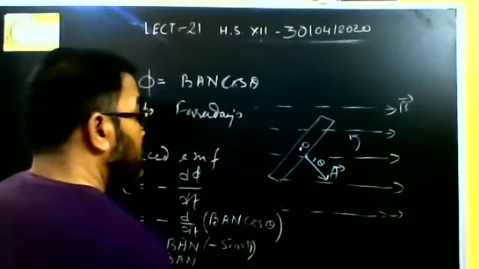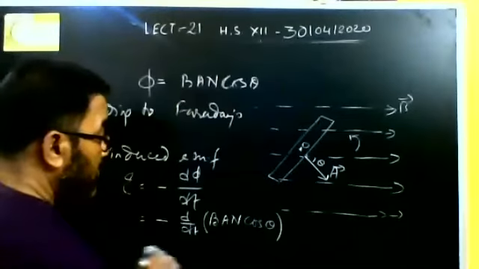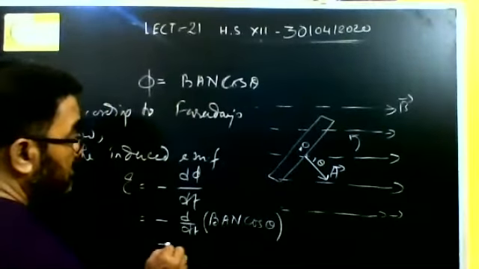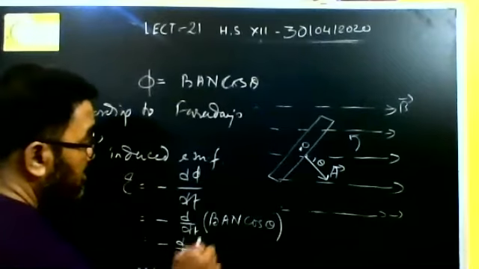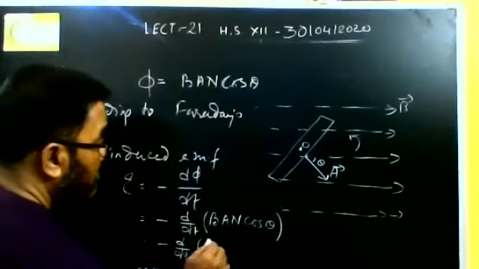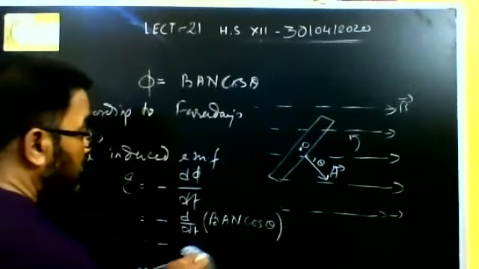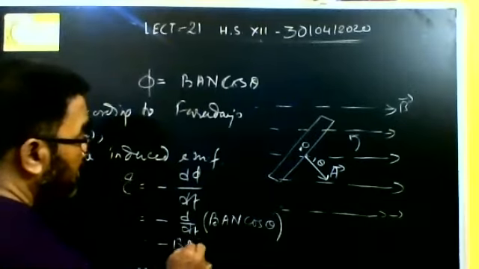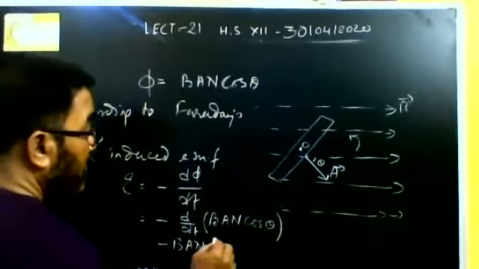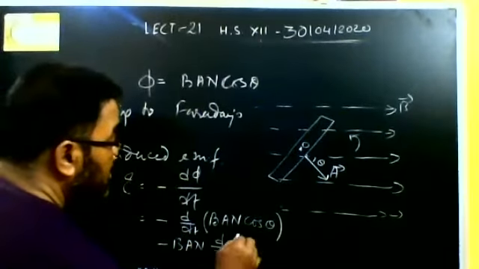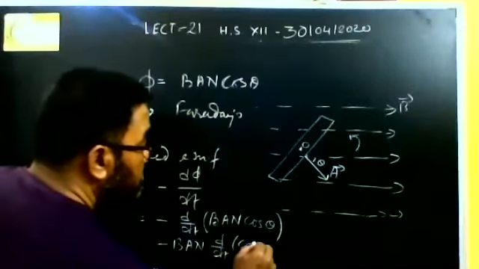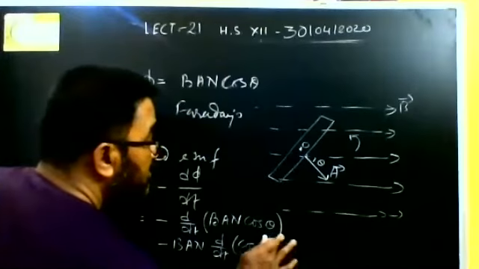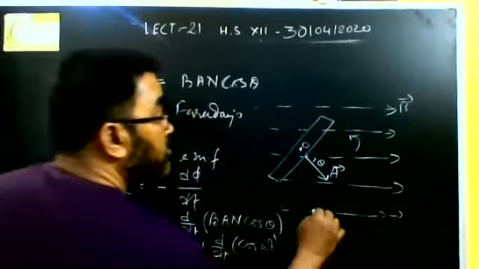Then B A N will come out, and d by dt of cos omega t. What is omega?